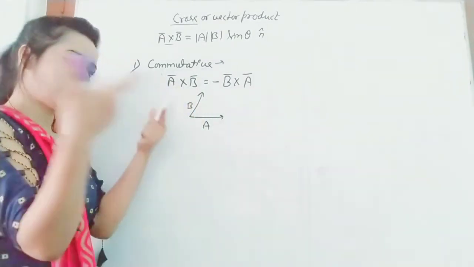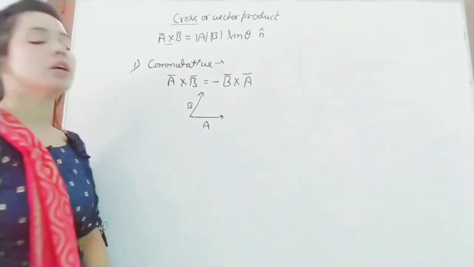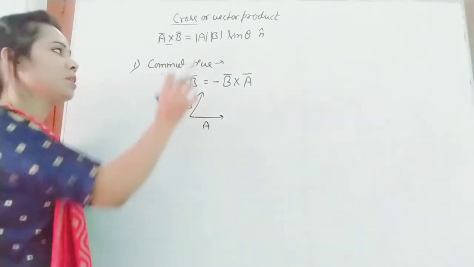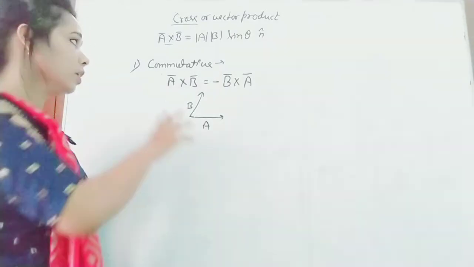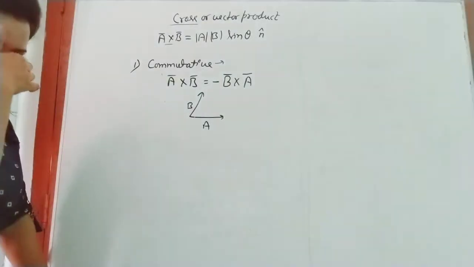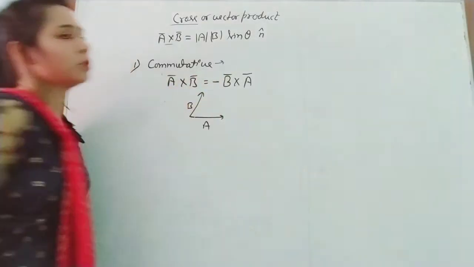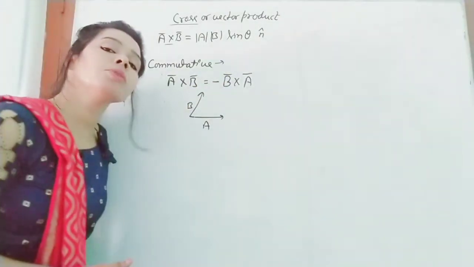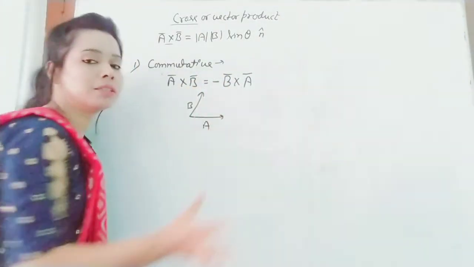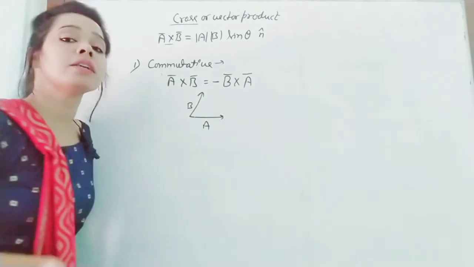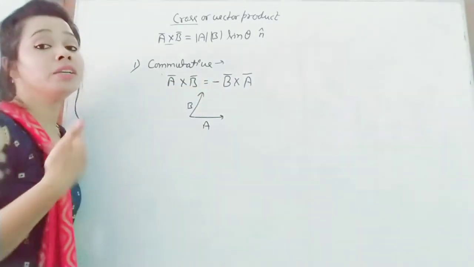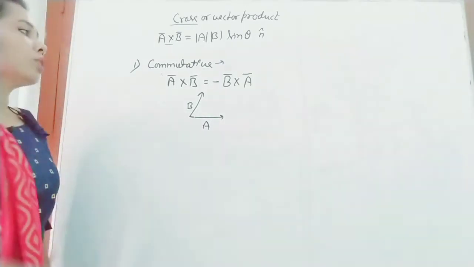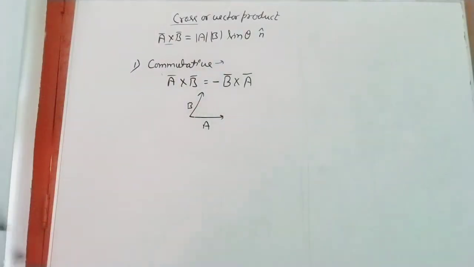Same magnitude but different direction. That's why I have written negative of B cross A. It means these are not commutative. We call it anti-commutative, because they have the same magnitude but different direction. The negative sign indicates the different direction. Understood? So I hope it is clear what the commutative property is.